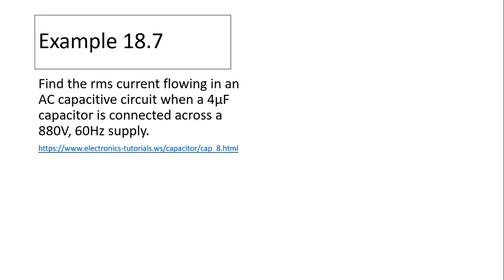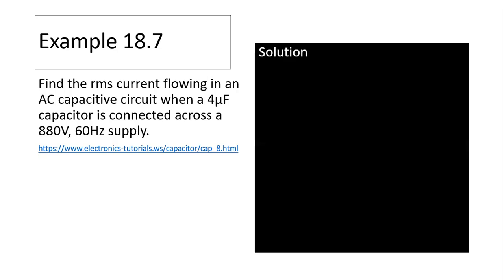Calculate your reactance first, and after that, find the current given the voltage and reactance. What's your answer? Calculate the reactance first for the capacitor. Remember the formula. What value?